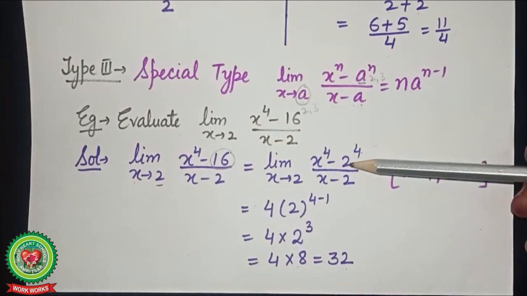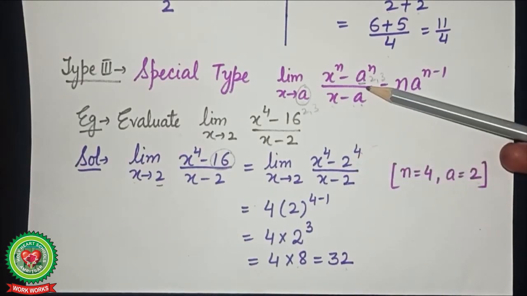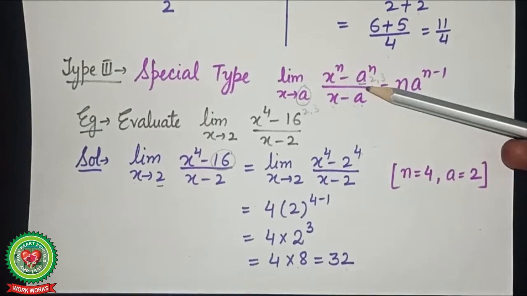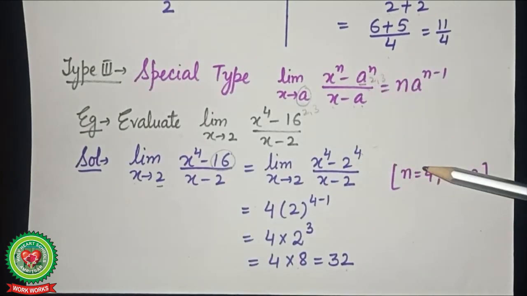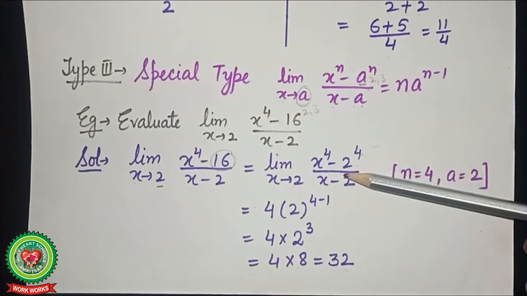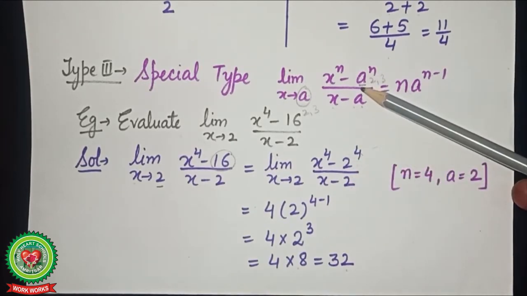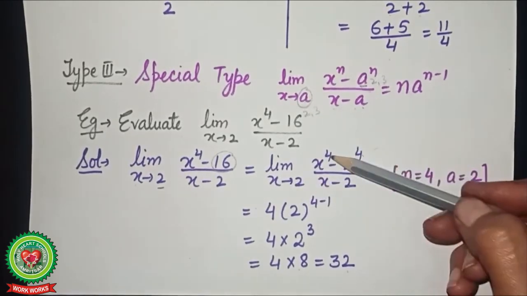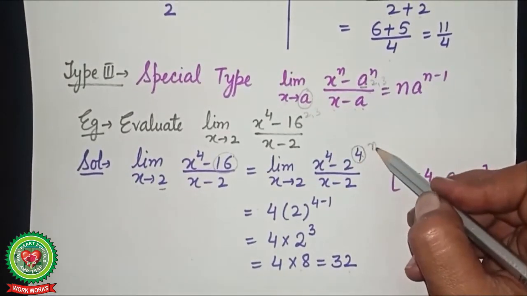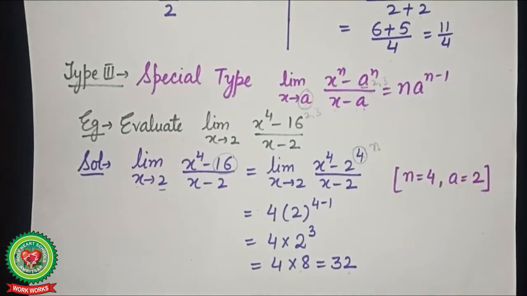Now you can see that this type is similar to this form. Now whenever we have to apply the formula, always write it on the right hand side. Now when you compare it with the given form, you can find a is equal to 2 and this is the value of n. n is equal to 4.